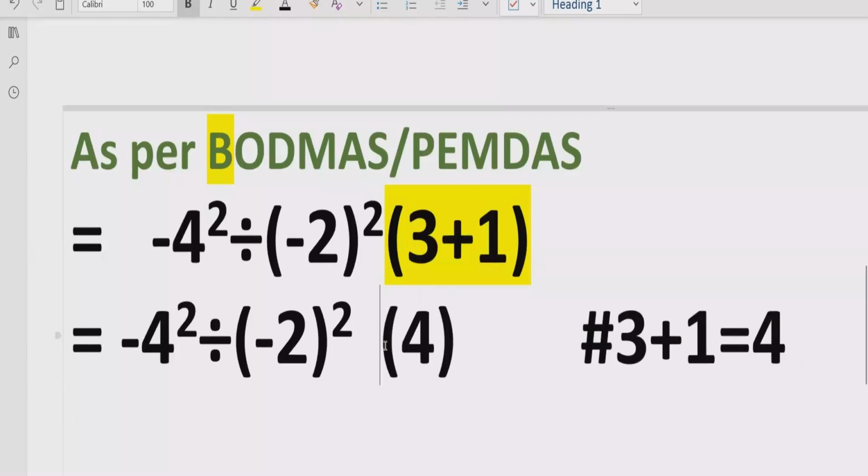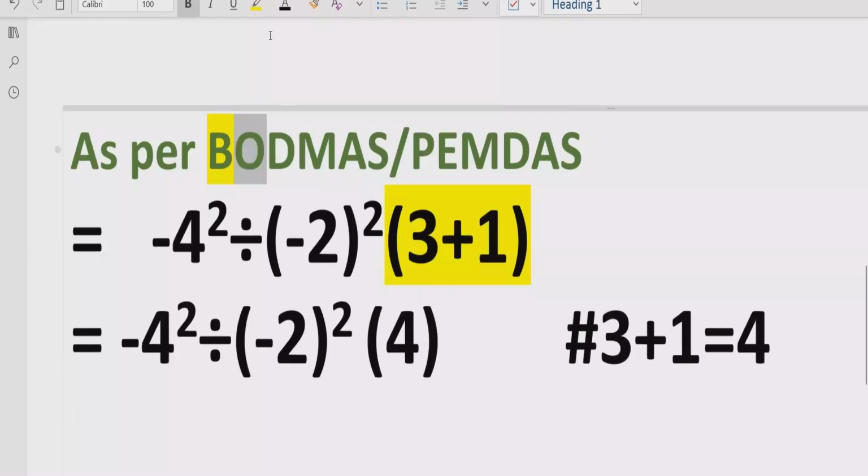Step number 2 is you have to solve the exponent part or order of operation. So now we have two numbers which have the power. One is 4 raised to power 2 and the other one is minus 2 raised to power 2. Here the key point is this is not minus 4 raised to power 2. This is 4 raised to power 2 because we have the minus sign outside the 4.